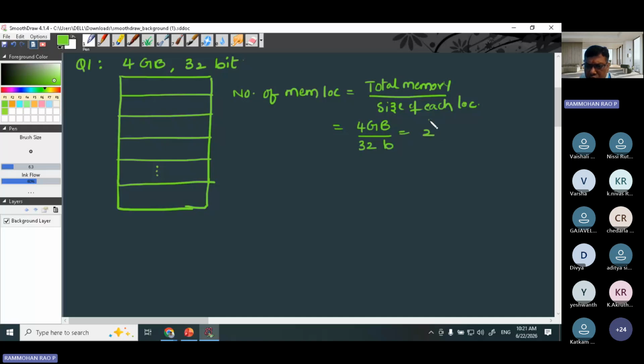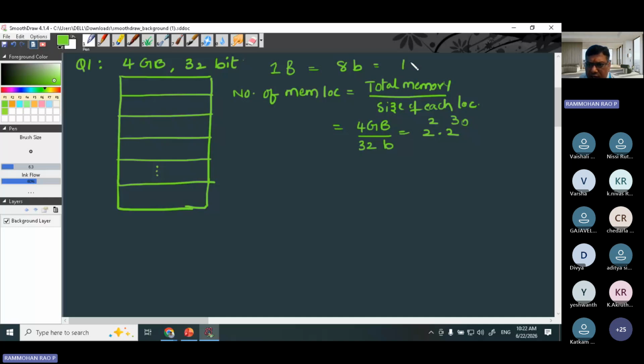So friends, 4 GB: 4 can be written as 2 power 2. Giga means 2 power 30. You know the relationship between capital B and small b. 1 byte is 8 bits. Capital B is byte, small b is bit.